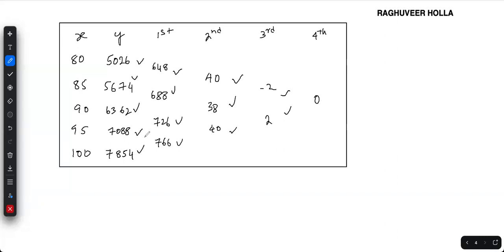So here it converges. According to Newton's backward, the value is beyond this. So your x n is this, and y n, and these are your delta y n, delta square y n, delta cube y n, and delta power 4 y n.